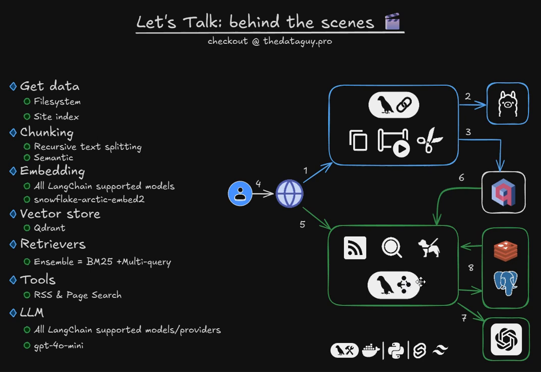And then once we have that, for generation we can use any LLM, but for the data guy we are using GPT-4o mini. And for generation also, because we are using LangGraph APIs, that means when we host it, we get the Redis caching and Postgres persistence as well.